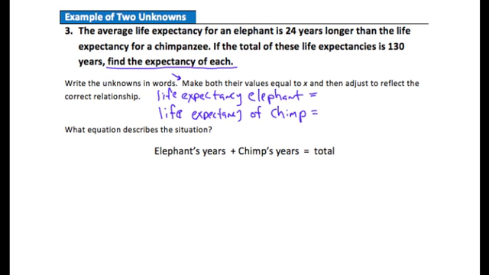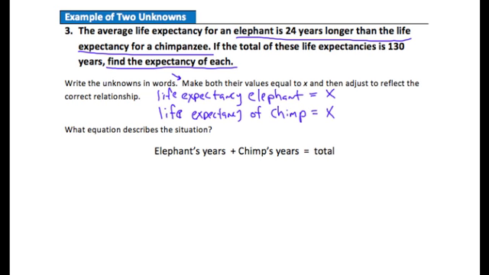So what I'm going to do is I'm going to say, okay, to start out, let's make both life expectancies x. And what that would say mathematically is that the life expectancy of the elephant and the life expectancy of the chimp are exactly the same. That's not the case. Let's go back to the problem and see how we need to adjust this just a little bit to make it so it reflects the problem. Okay? And so they give us a sentence up here. It says, the average life expectancy for the elephant is 24 years longer than the life expectancy of the chimpanzee.